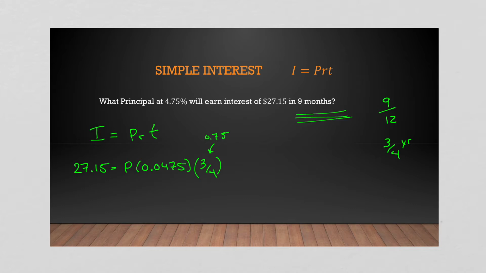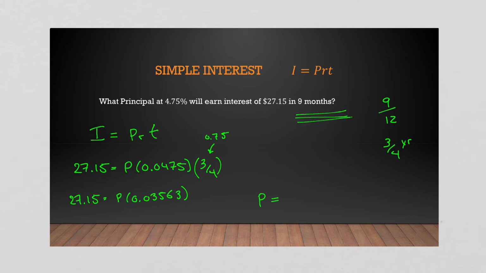So I'm going to go 0.0475 times 3/4, and it gives me a long decimal expansion. So I'm going to round, probably around 4 decimal points, but remember we're talking money. So I have 0.03563, just for the sake of as accurate as we can get. And I'm going to divide both sides by that number.